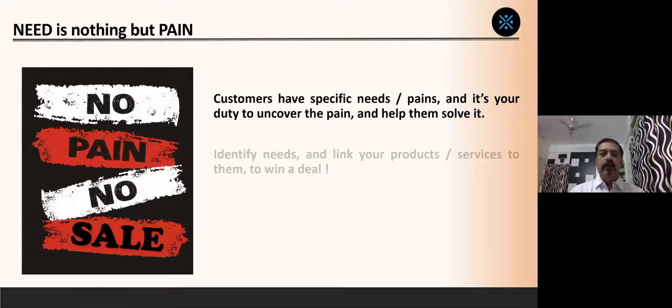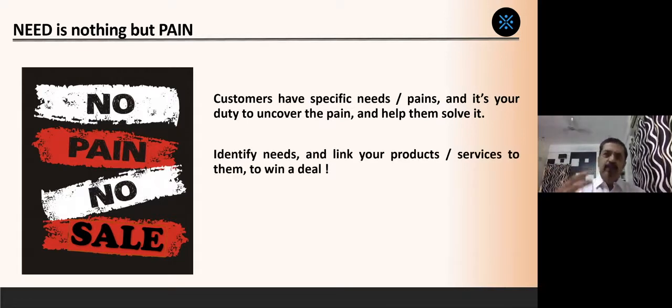You need to be able to identify the right needs and link your product or services to that particular need, which lets you win the deal. When you are able to understand, identify and emphasize that pain well, things go through smoothly.